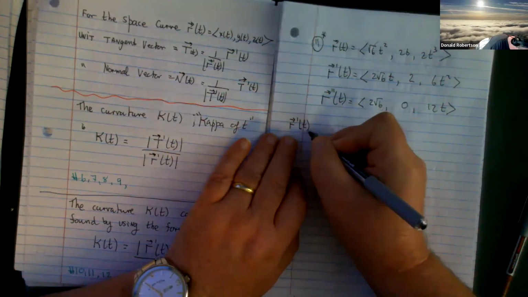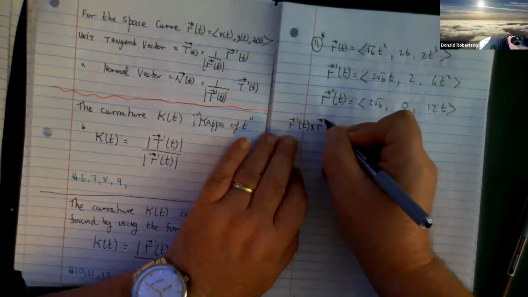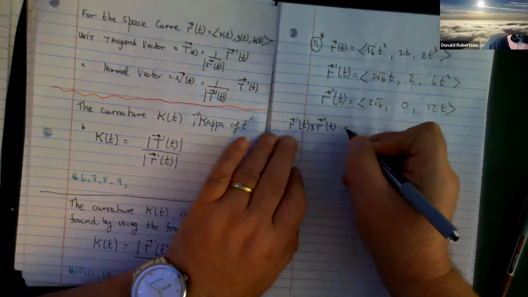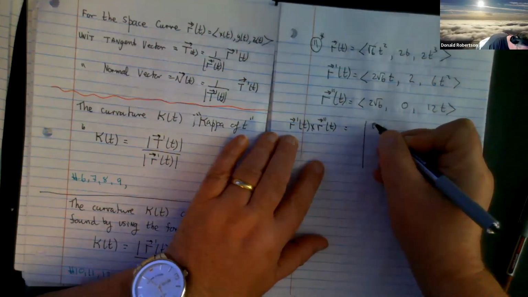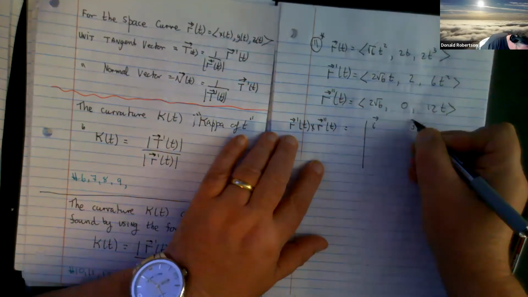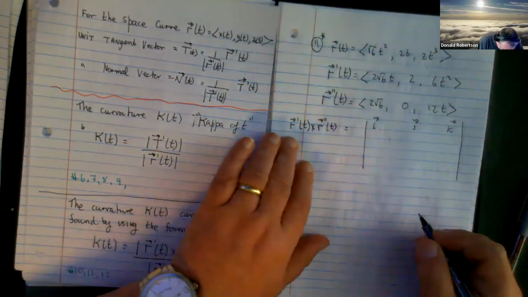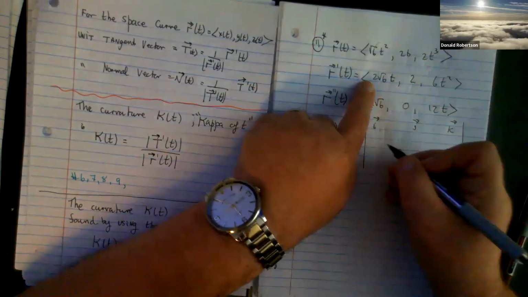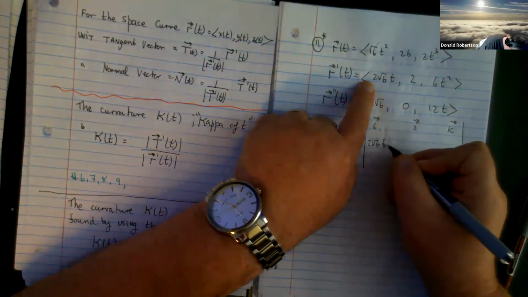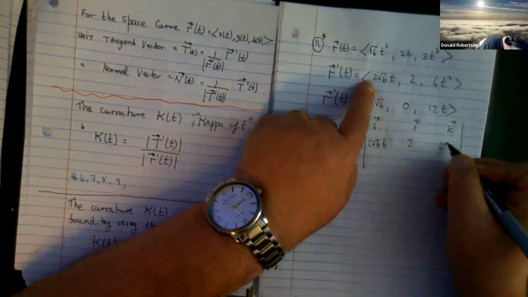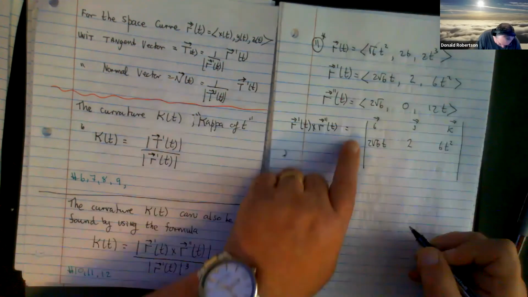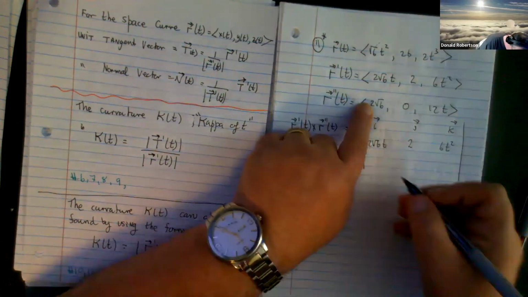The cross product of these two vectors, because they are vectors. So we're used to doing vectors with numbers, but you can do vectors with variables like t as well. The second row is this one, 2 root 6t, 2, 6t squared. The third row, I guess, is this one.